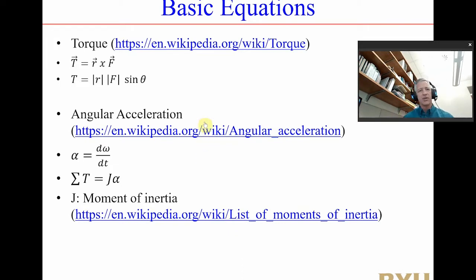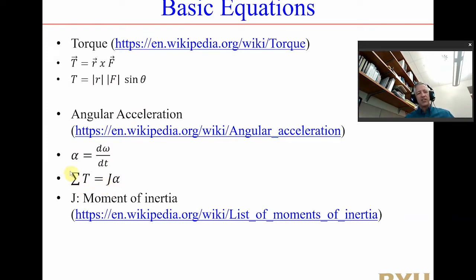First of all, like we have done before, we have our torque equation, which is related to our applied force and the distance away from the rotation axis. Now we have our angular acceleration equation, which is the rate of change of our angular speed with respect to time. In order to do this, we are going to use the concept of the moment of inertia.